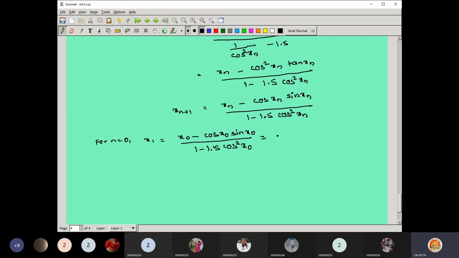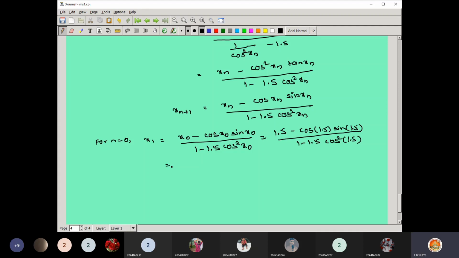Write down your x naught value: x naught is 1.5. So x1 is 1.5 minus cos of 1.5 into sin of 1.5, divided by 1 minus 1.5 into cos square of 1.5. I'm just substituting that in the formula.